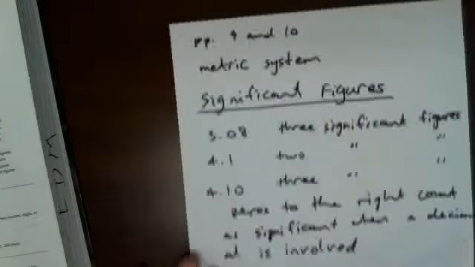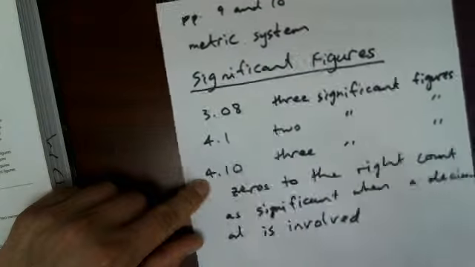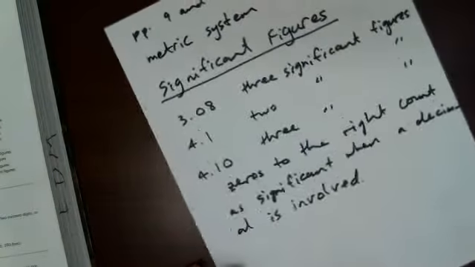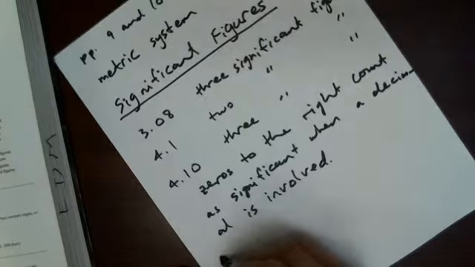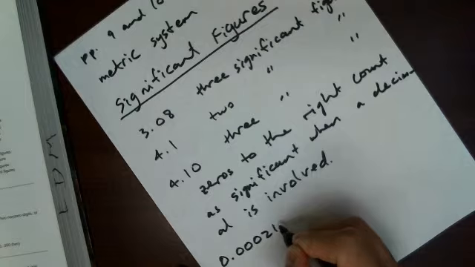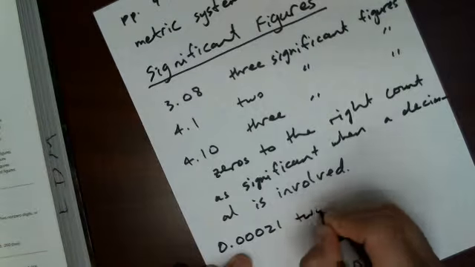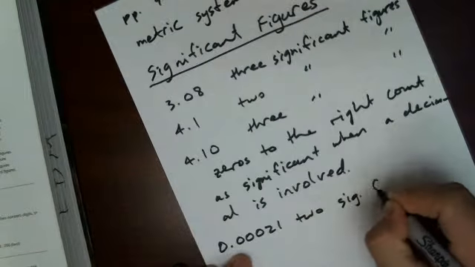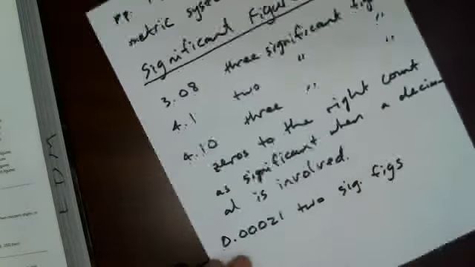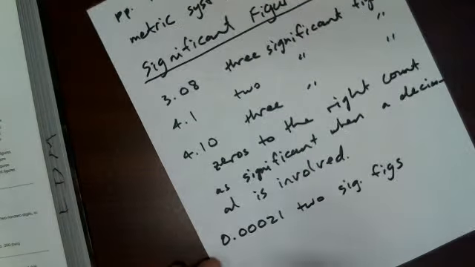In this case we have a decimal place, and so zeros to the right are going to count. Zeros to the left don't count. So if we have 0.00021, for instance, that is only 2 significant figures, because zeros to the left don't count. It's only zeros to the right.